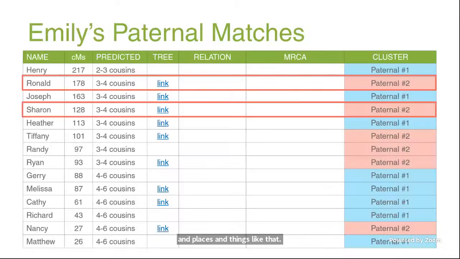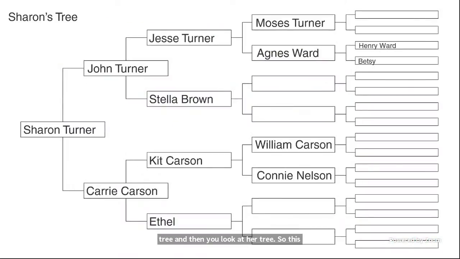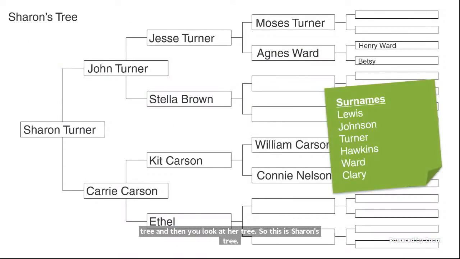Okay, and then we're going to go back to the cluster and pick the next person in the cluster who has a tree. You have to look for somebody who has a tree, and then you look at her tree. So this is Sharon's tree, and here's the surnames from Ronald's tree. You start seeing something familiar between the 2 trees?